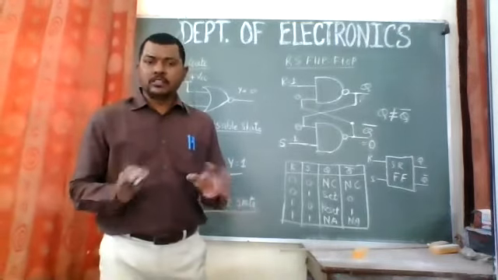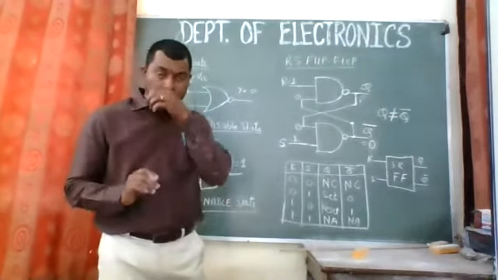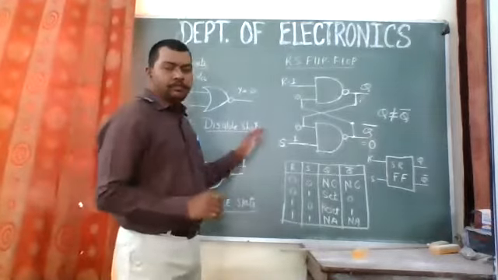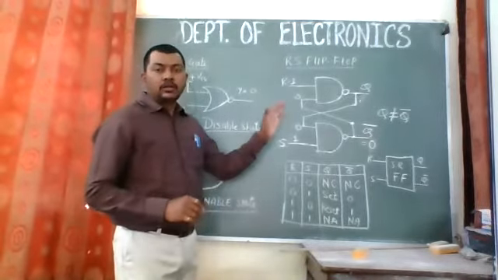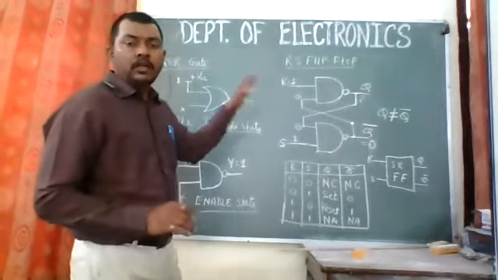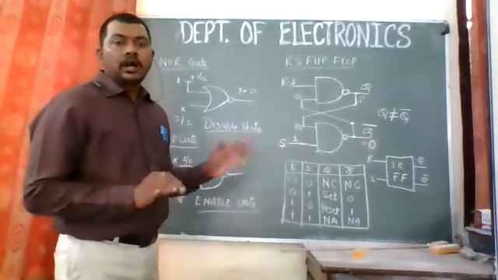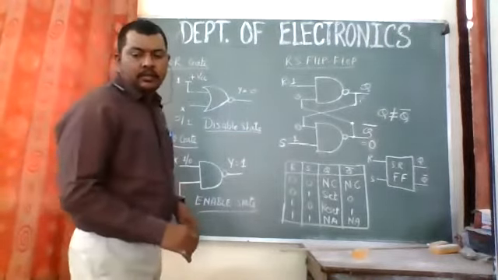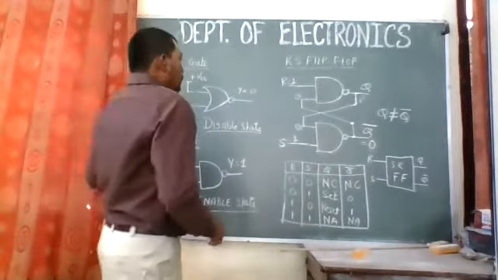Now, in this case, it's just a reverse of it. Let us see what happens when we apply the same conditions that we applied for the flip flop using NOR gates. Now this is a circuit which we are calling the RS flip flop using NAND gate. So let us try with this NAND gate.